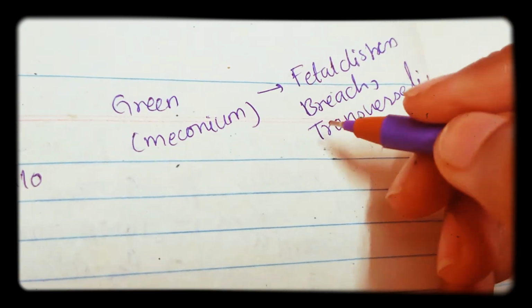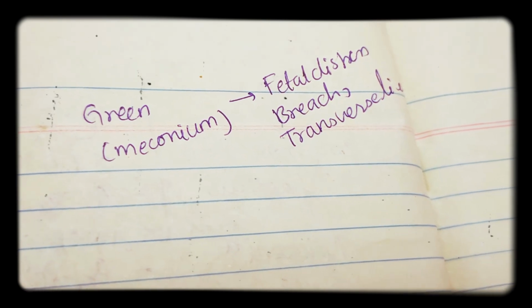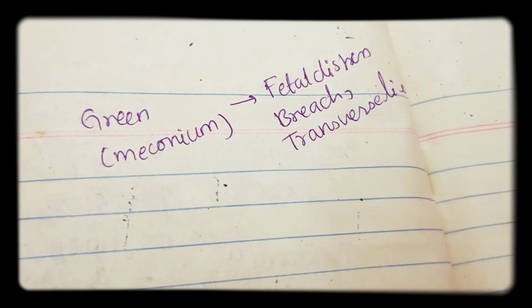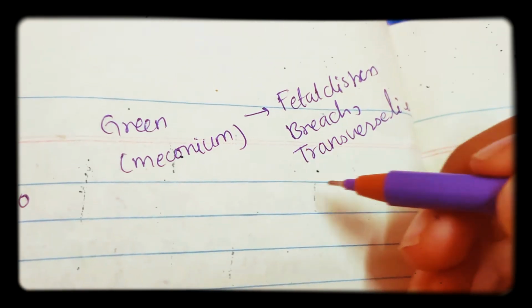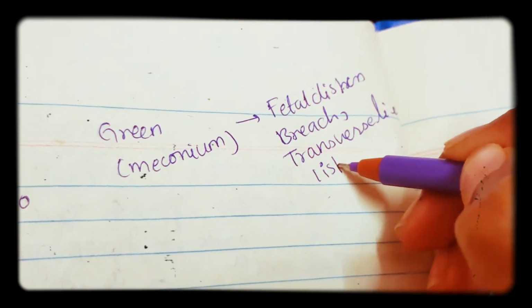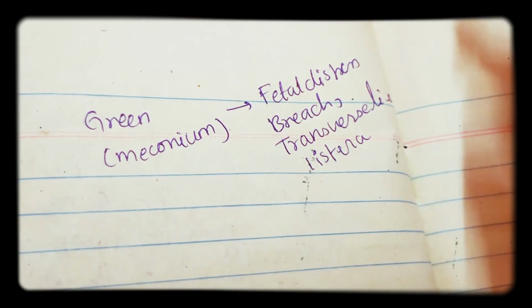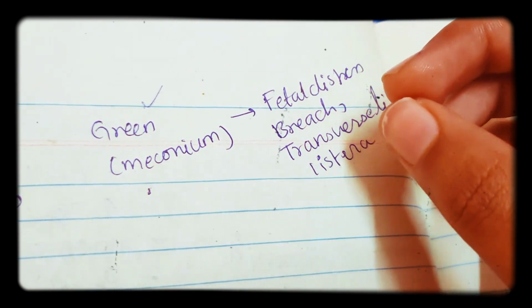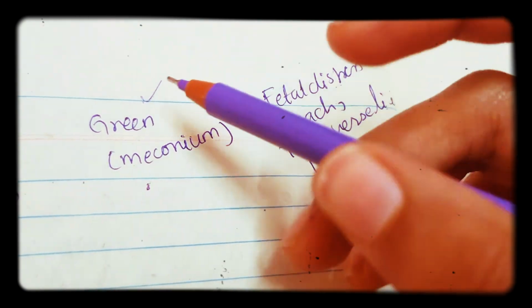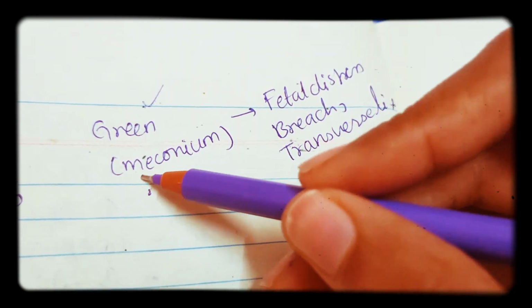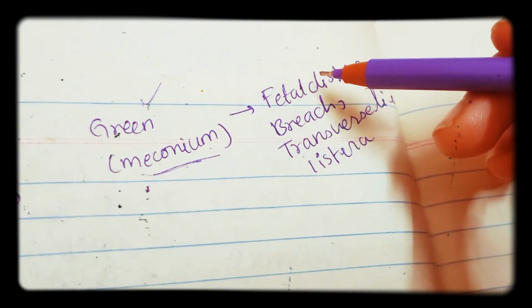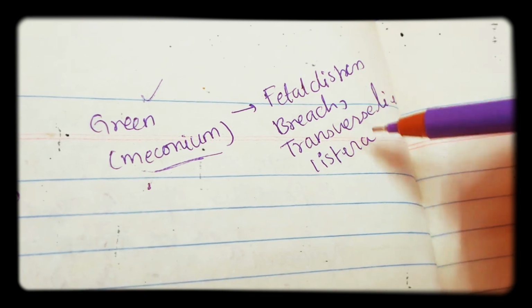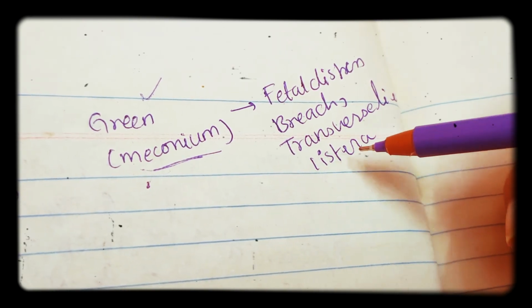These abnormal positions like breech position, transverse lie, fetal distress, and also Listeria infection all give green amniotic fluid. So according to the amniotic fluid you can find out what kind of disease is present.